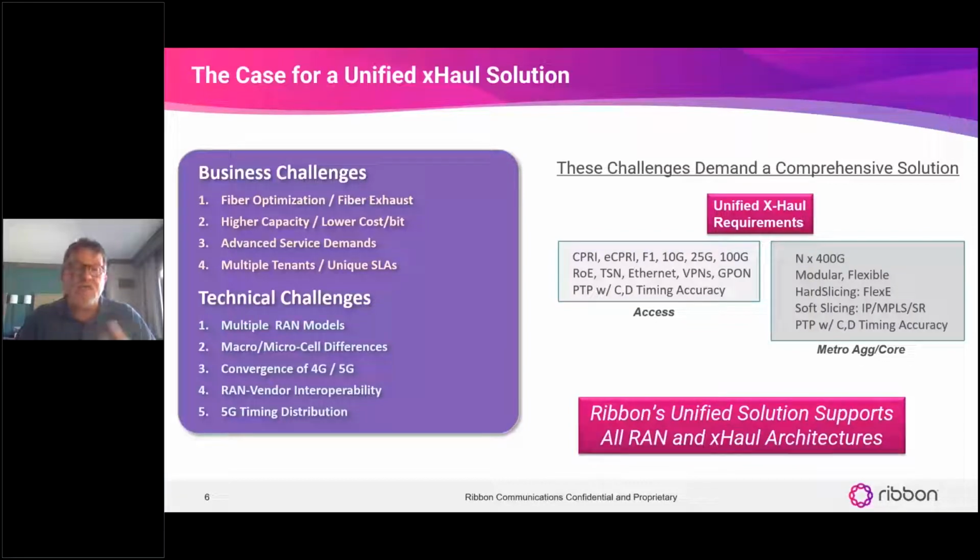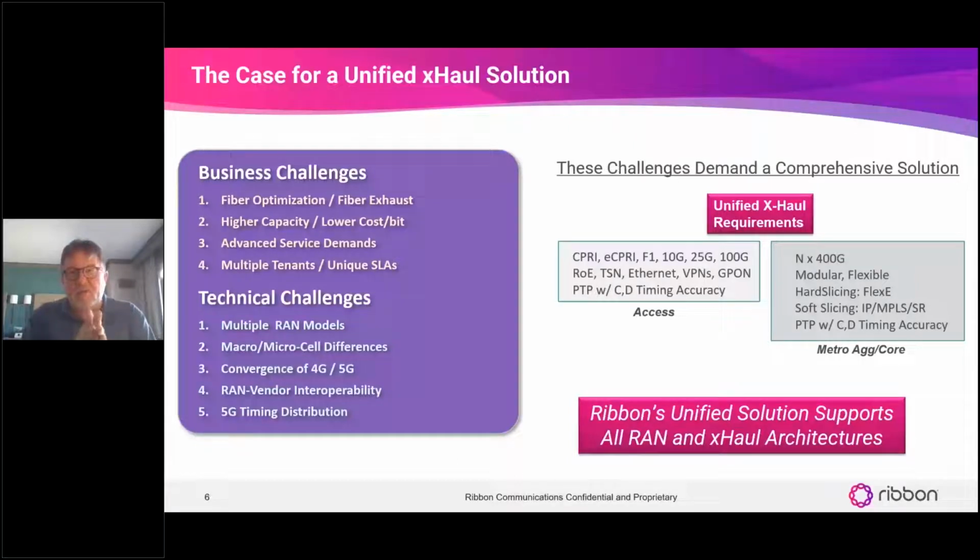Being able to do hard slicing and soft slicing. For those of you that don't know, slicing is sort of QoS on steroids. Slicing literally will identify a software path and a hardware path through the solution that cannot be used by any other service.